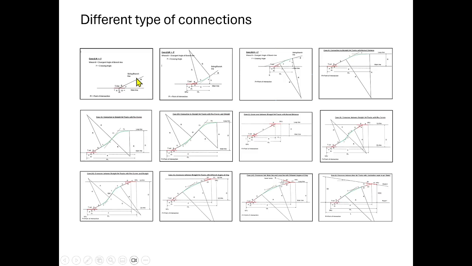Next, when the angle of crossing is less than the angle of inclination, how is it to be done? And here, the angle of inclination is less than the angle of crossing. How is it to be done?